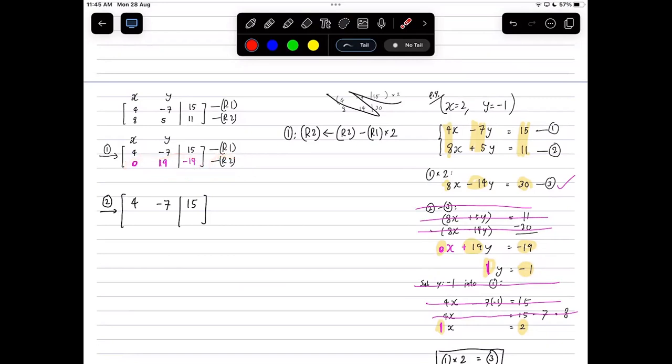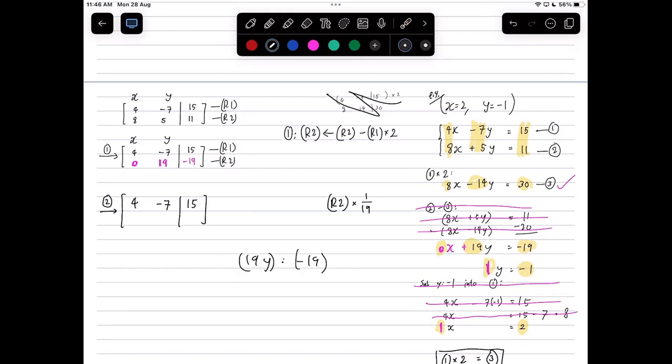Does it make sense? Then what we are doing right now is we are taking our row 2. We multiply it by 1 over 19. Make sense? 19y equals negative 19.